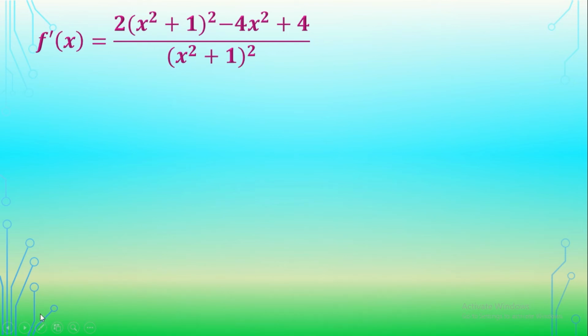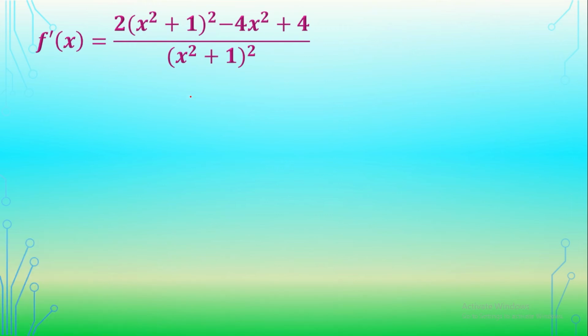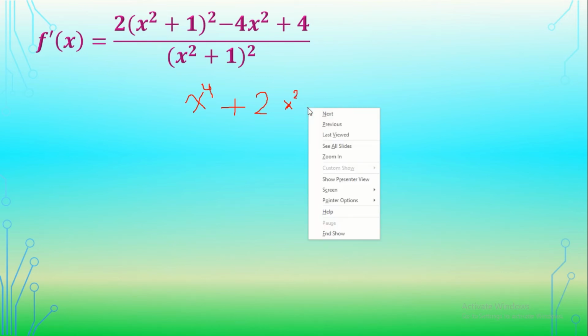If you know something, x squared plus 1 all squared, we can write it as x to the power 4 plus 2ab, so it's 2 times x squared times 1, it gives us 2x squared plus 1.